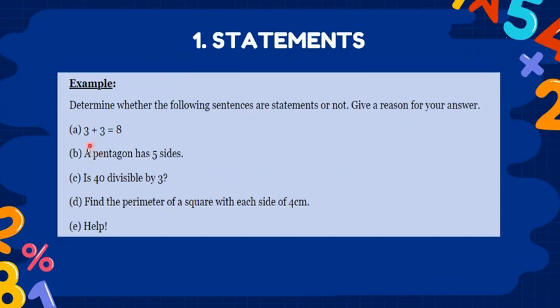For B, a pentagon has 5 sides, and C, is 40 divisible by 3? D, find the perimeter of a square with each side of 4 cm. And last but not least, E, which is the word help.